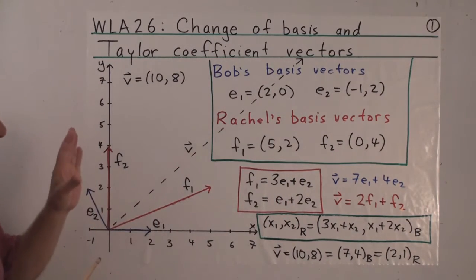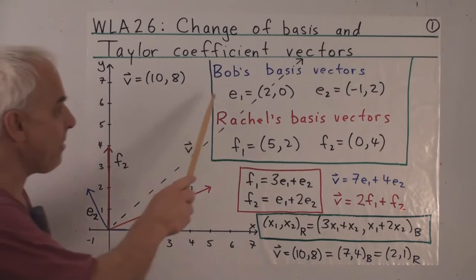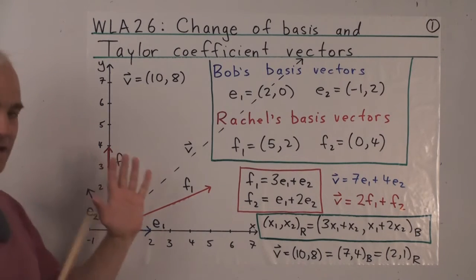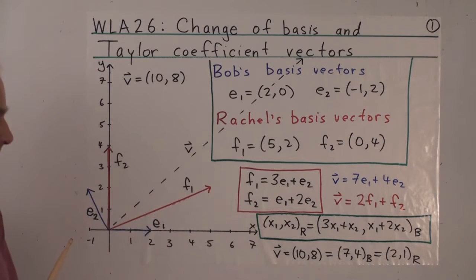All right, so let's go back to our first lecture in this series where we had Bob and Rachel, and they both had affine systems to describe things happening in the plane. Bob had two basis vectors which looked roughly like this: one pointing in this direction and another pointing in this direction, and we called them E1 and E2.